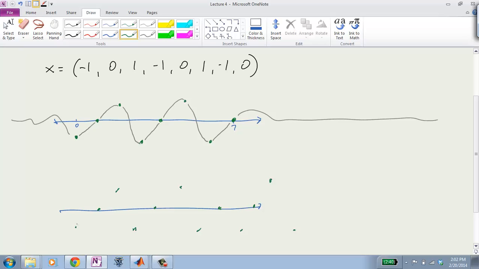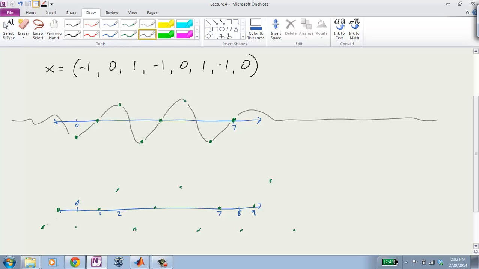And so forth. So we have 0, 1, 2. Here was 7. Here's 8. Here's 9. Okay, so its fundamental period is actually 8 here.